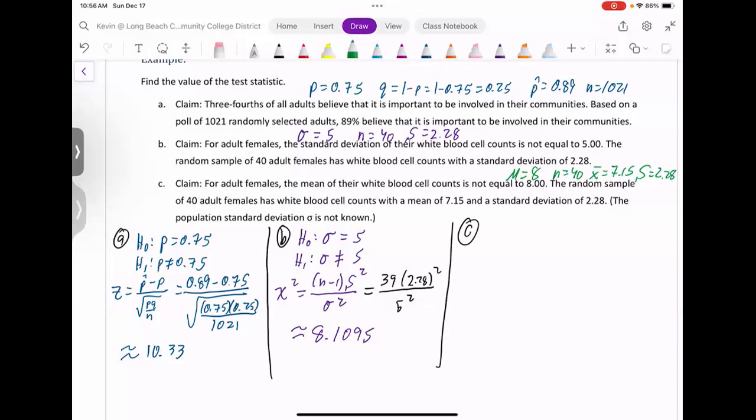All right, let's start with our null hypothesis. Now our alternative hypothesis: mu is not equal to 8.